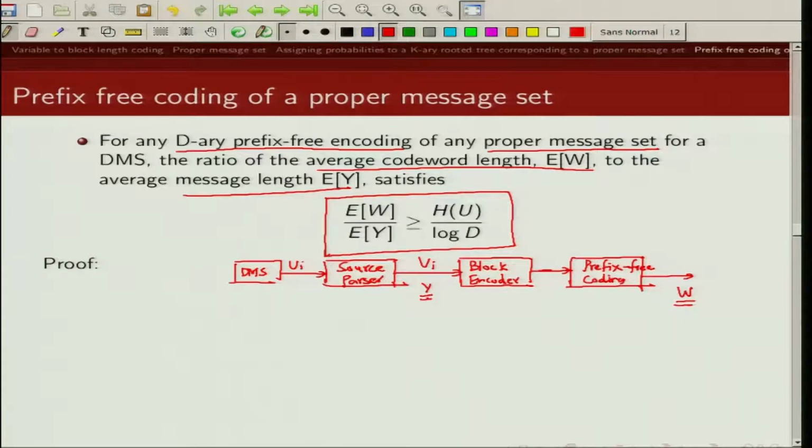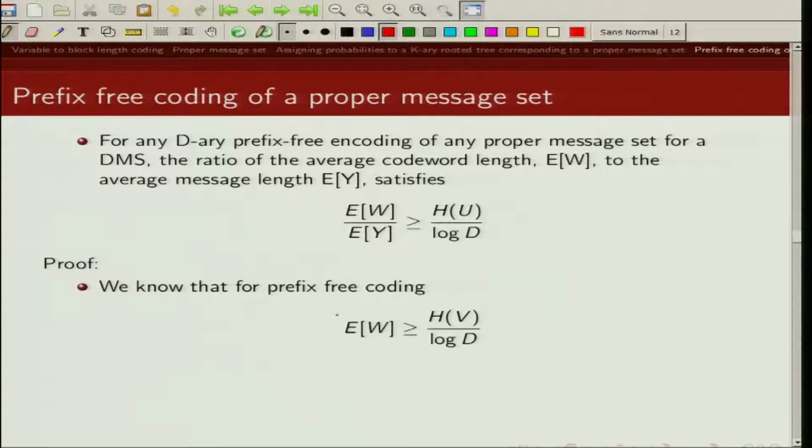So what I am saying is, if we do a prefix free coding of a proper message set, then the expected value of the output code word length divided by the expected value of the input length, which is basically my proper message set input to this encoder, is lower bounded by entropy. We know for a prefix free coding, the expected value of W, which is the output code word length, is lower bounded by the entropy of the source.